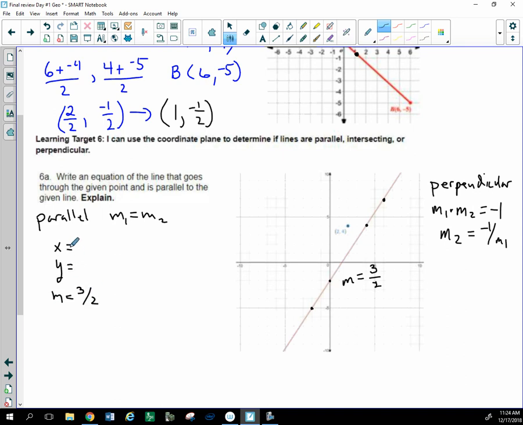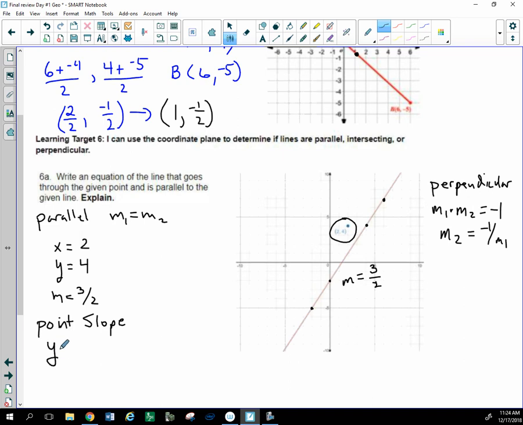They also gave us an x and y right over here: x is 2 and y is 4. So I can write an equation of a line. I'm going to use point-slope form, since I have a point and a slope, and I like using this equation.